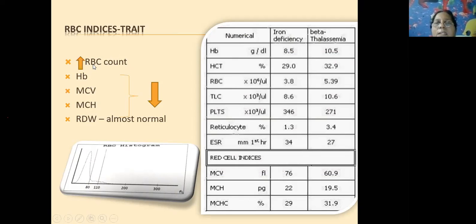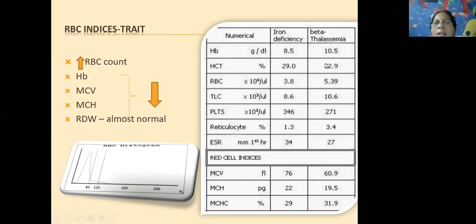That is one difference between thal trait and iron deficiency. RBC count is elevated. Second, RDW is almost normal, but in iron deficiency, it is elevated.